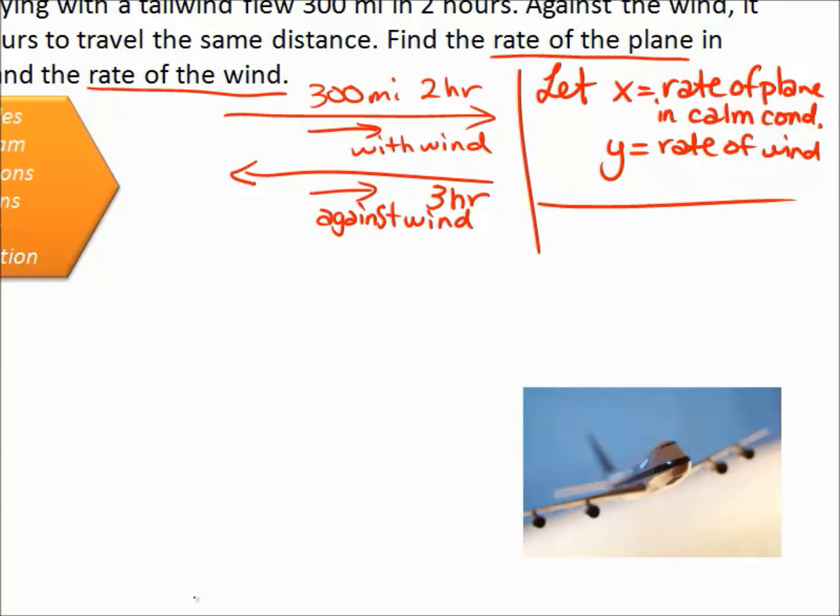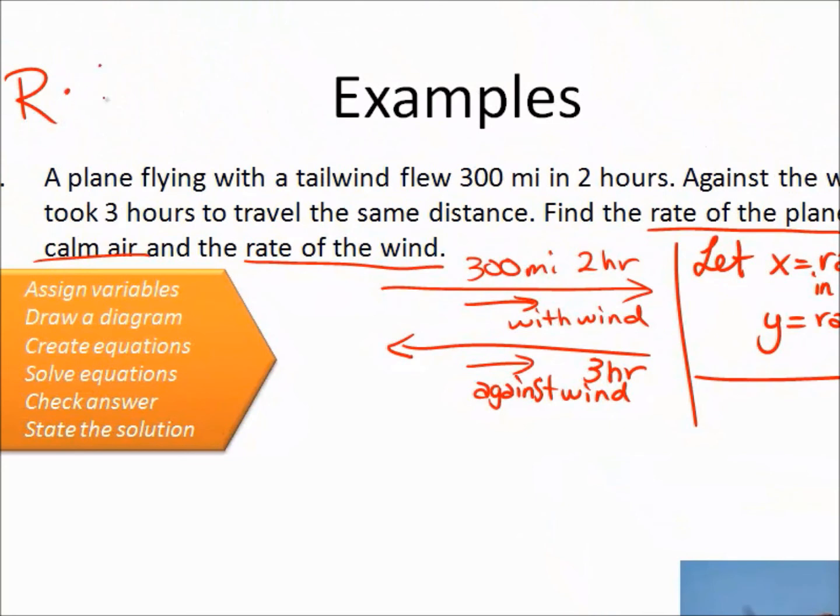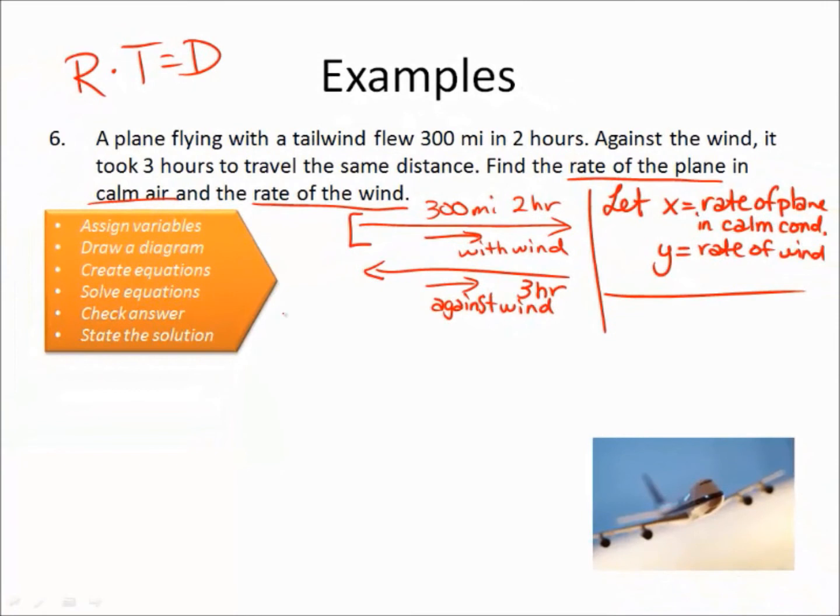Now, let's see how we can make an equation out of this. We know the underlying formula of rate times time equals distance. So, let's consider the first scenario. We have a rate. Now, the rate going there with the wind, we need to think about that.